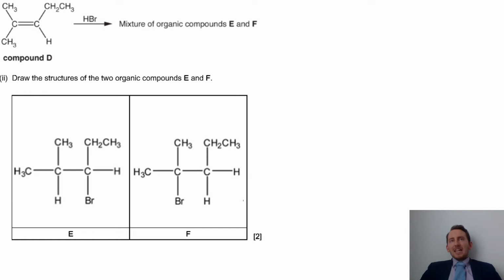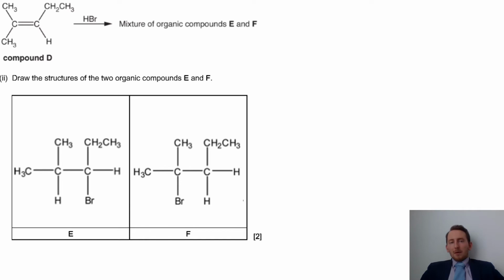Now in electrophilic addition for alkenes, we go from an alkene, where that double bond will no longer be there, to essentially an alkane. So we go from a double bond between the two carbons to a single bond between those carbons.